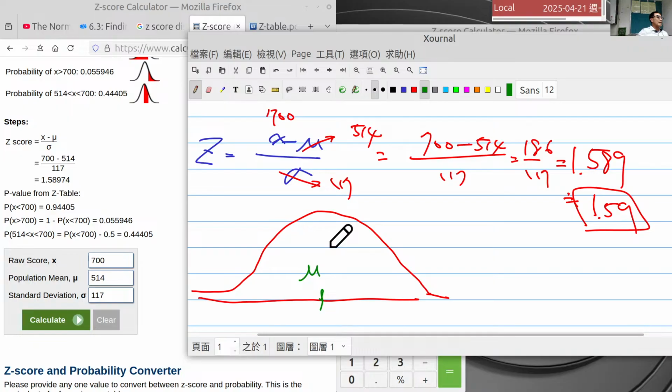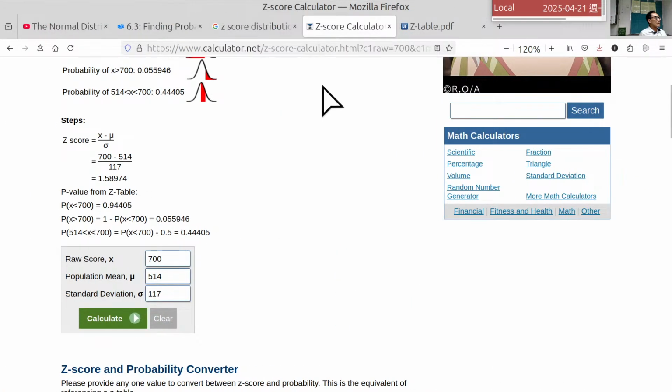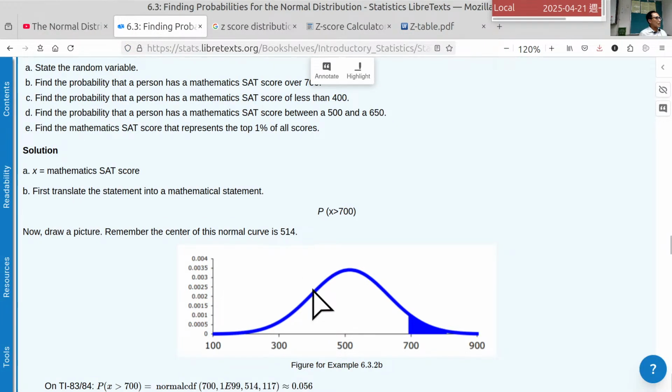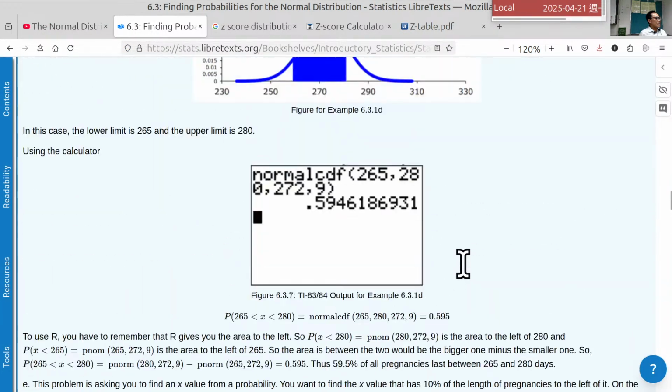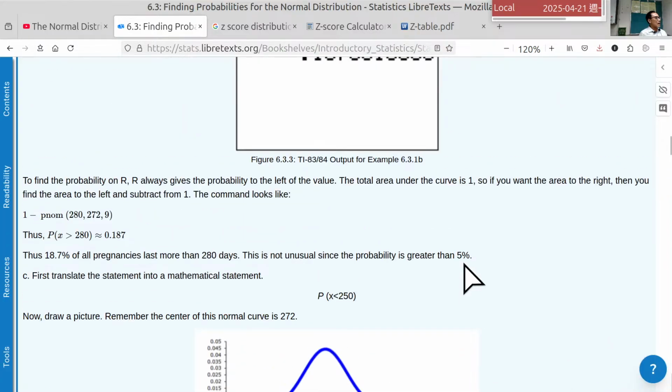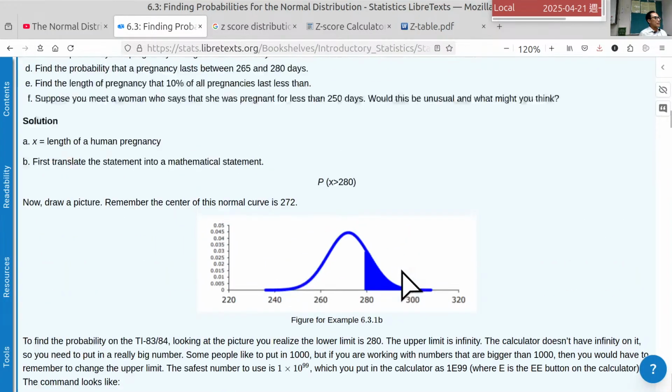The mean, that is 514, but after normalization, the mean becomes 0, and here is the z-score, and the sigma is 1.